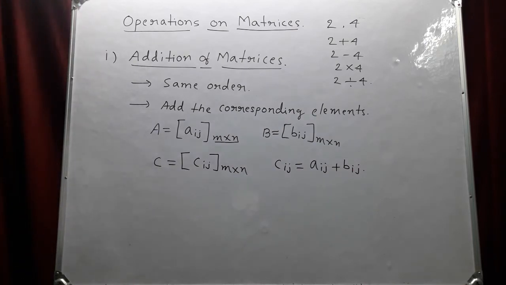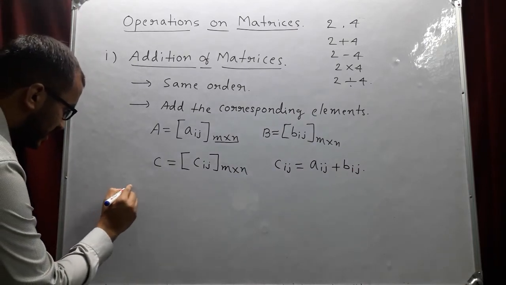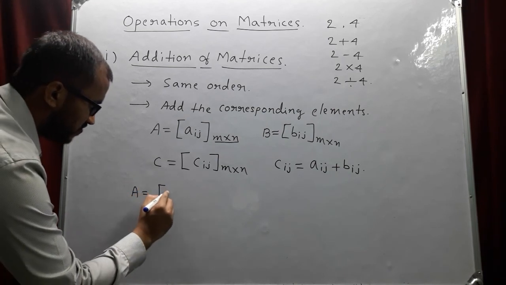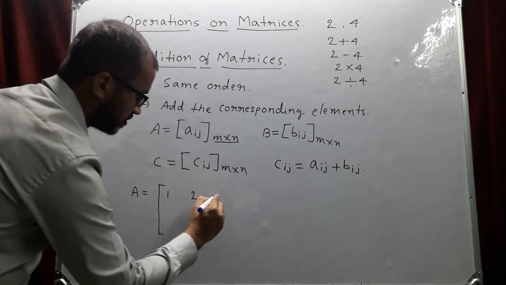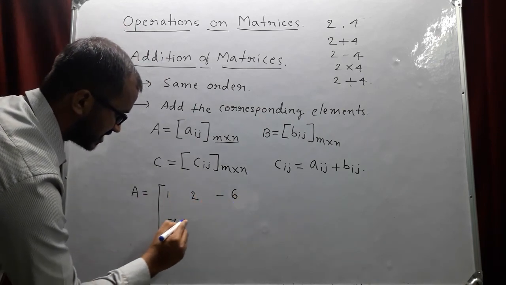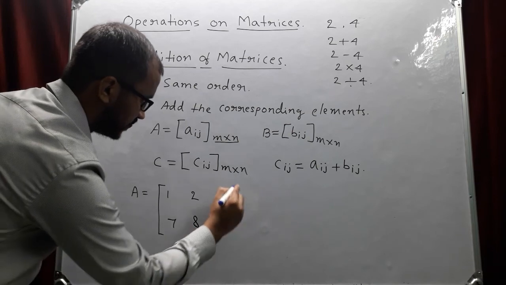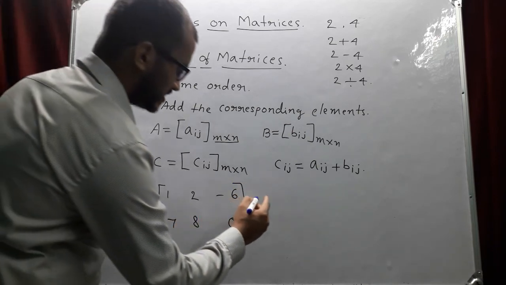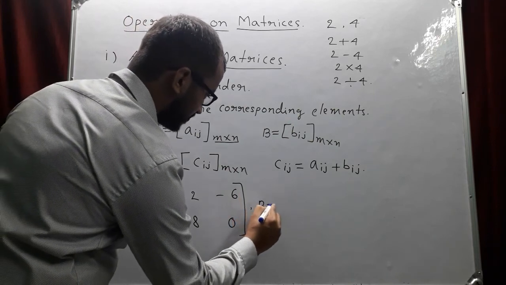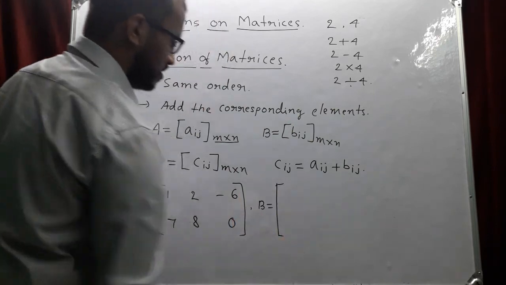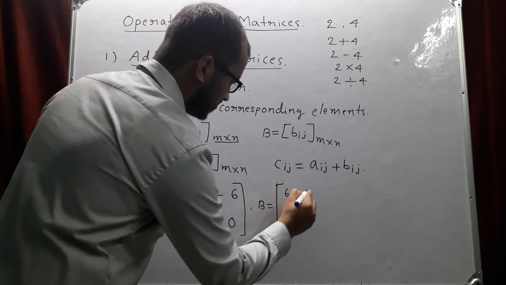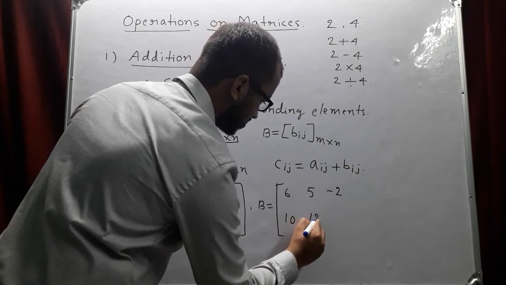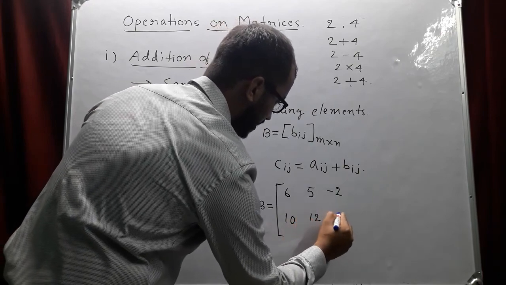Consider one example. Let A equal the matrix 1, 2, minus 6, 7, 8, 0. So this is the matrix A. Consider the matrix B: 6, 5, minus 2, 10, 12, minus 7.